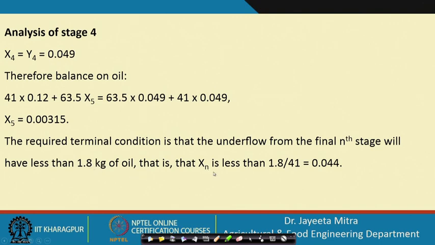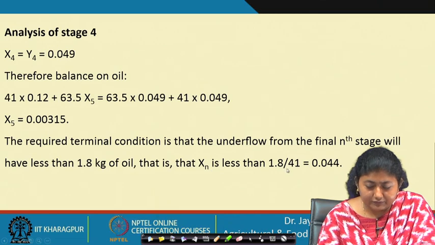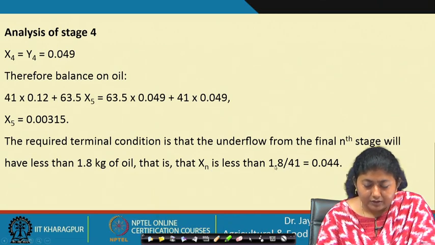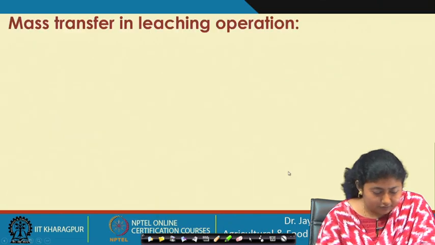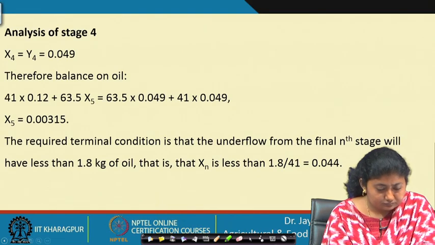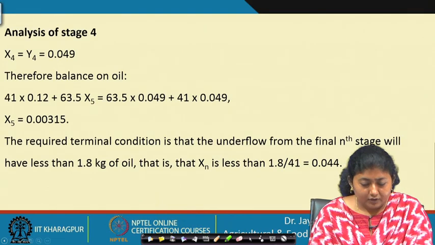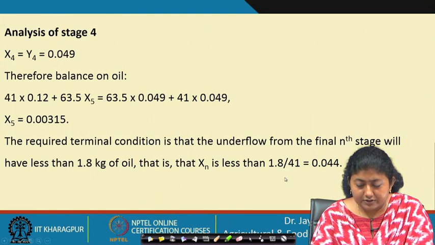Now, that x n, if we try to calculate in terms of fraction, x n is less than how much? The fraction we want to calculate is 1.8 out of 41. The stream has 41 kg of the solvent, in that 1.8 was there.